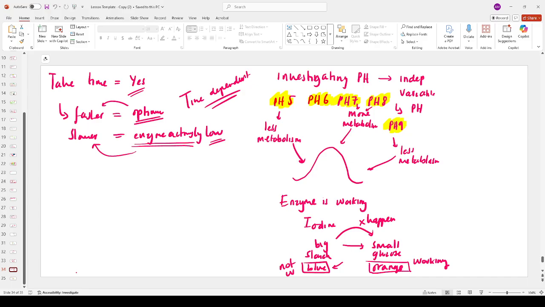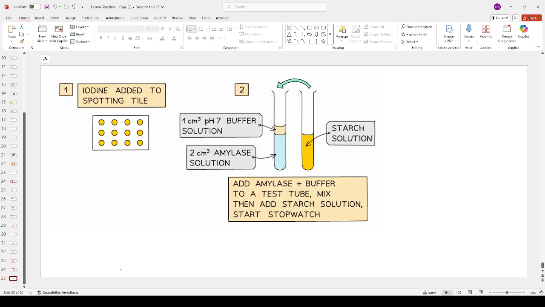What's the first thing I'm going to do? I'm going to get a spotting tile. What am I going to drop into all of the dots of the spotting tile? A spotting tile is like a tile like this, and it has little dimples in it.